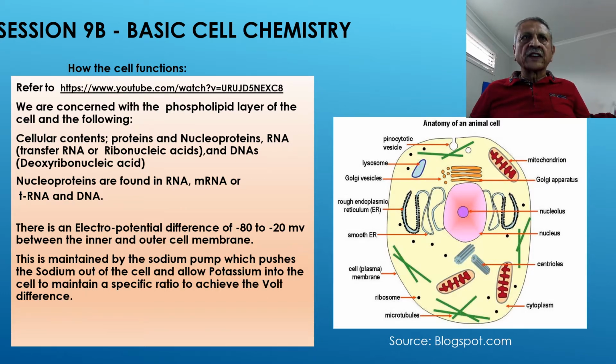There are two types of cells. One is a plant cell and one is an animal cell. In the case of a plant cell, the cell wall is very thick, while in the case of an animal cell, the cell walls are thinner.